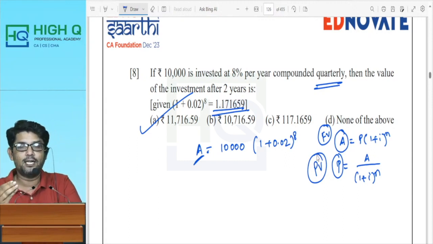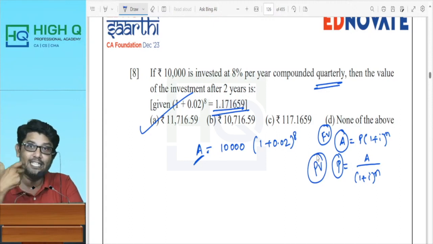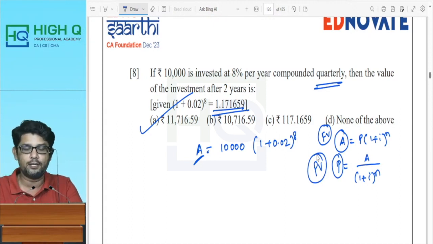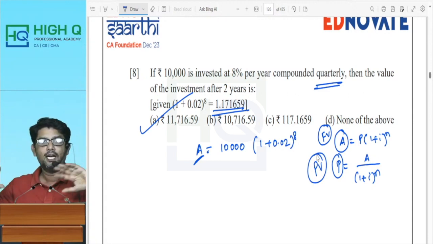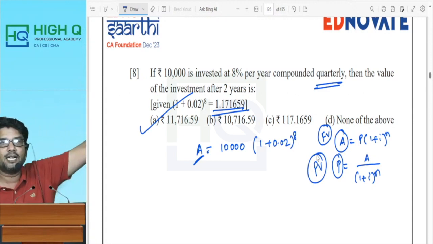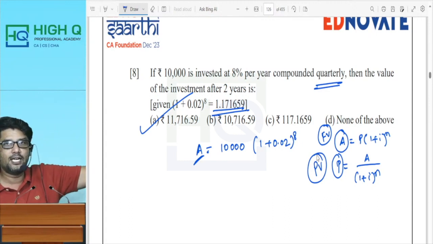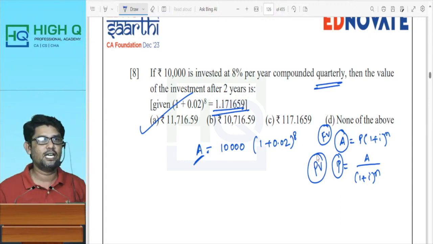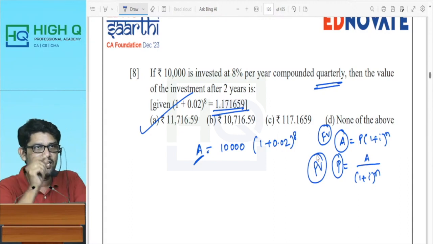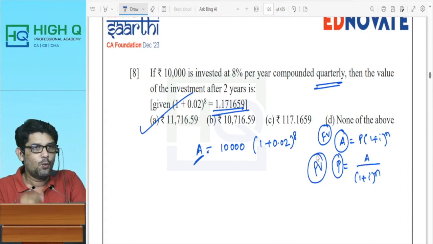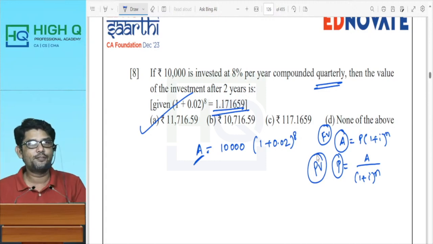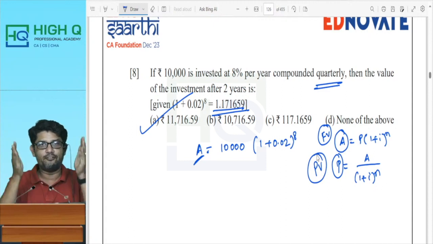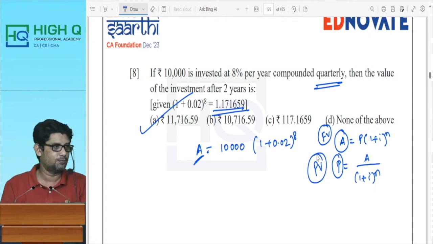Please try to understand. I'm not here to cheat you, or to impress you. Most of the time similar types of questions, 10, 15, we are solving and we are enjoying it. Then why are we struggling in Paper 3? Because of this reason. Try to understand the core problem. We are habituated to solving similar types of questions in the classroom.